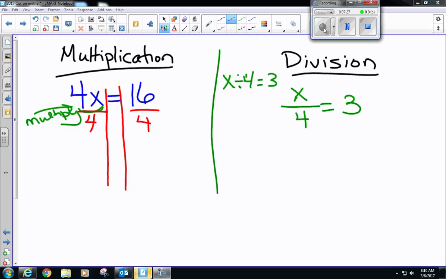The biggest reason I want you to do this is because if you were to write, and don't write this, just watch me here, if you were to write divided by 4 up here, and divided by 4 up here, this side is okay because it ends up being 4 divided by 4. No matter which way you write it, it's still the same answer.